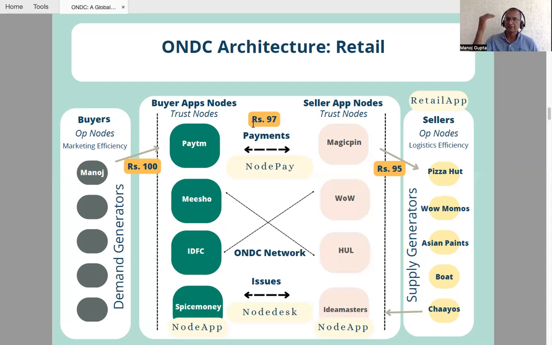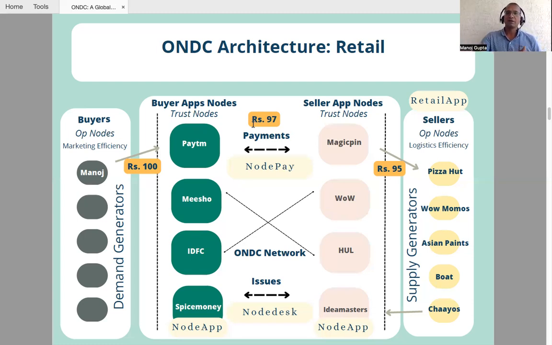I'll get them from, let's say, Idea Masters, Rapibiz, large aggregators, Bitzilla, and a lot of other N Store aggregators on the other side who are pushing pizza. As a customer, I'll see them on Paytm. Not only on Paytm, I'll see the same pizza walas on Meesho, on IDFC, on Spice Money. So I don't need to open multiple apps. I can just open, say, Paytm or Meesho to buy pizza.